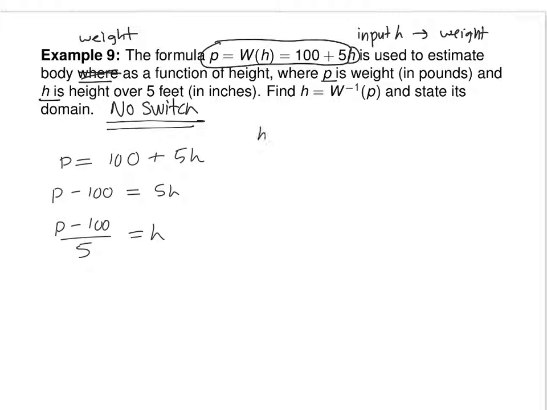If I say H equals 1/5 P minus 20, does that make sense? Yes. So what I did there is this really is 1P, right? Divided the first term by 5 and the second term by 5. So that is H equals W inverse of P. That's the inverse function.